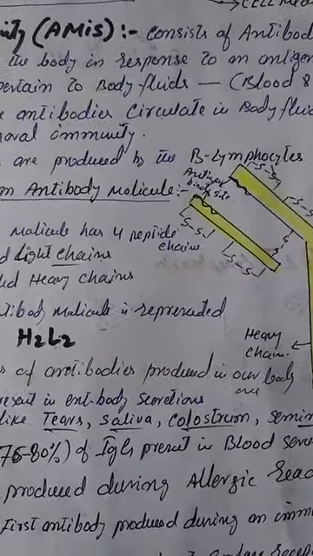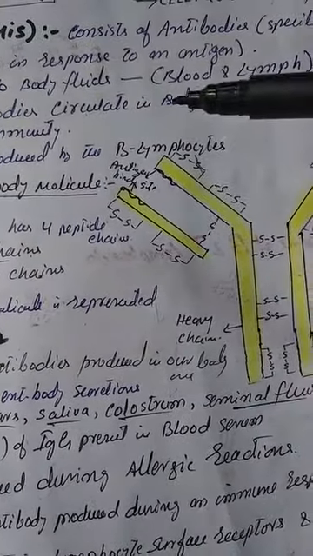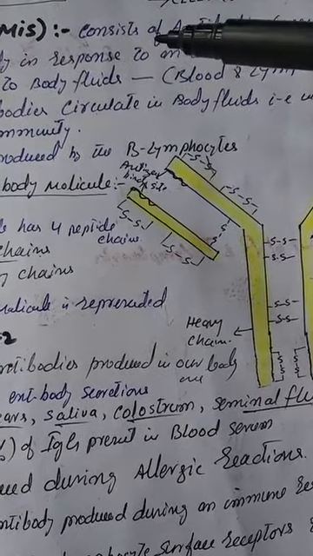Now there are different types of antibody molecules produced during humoral immunity.